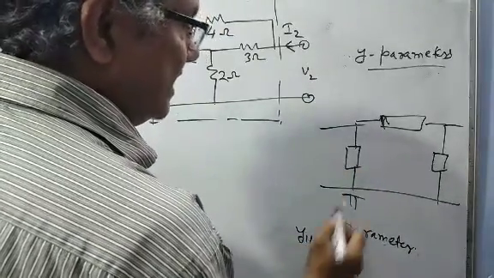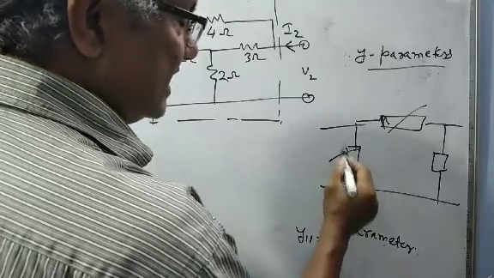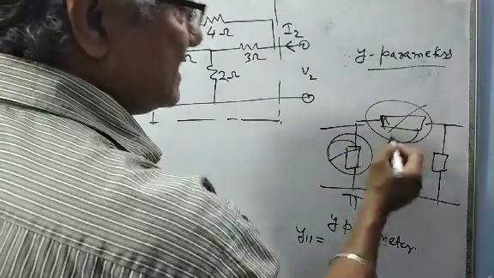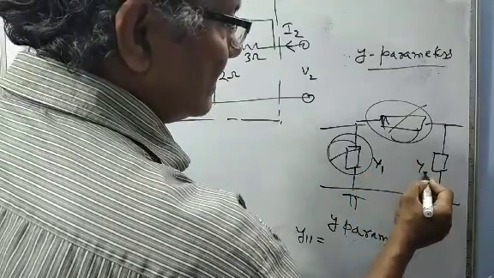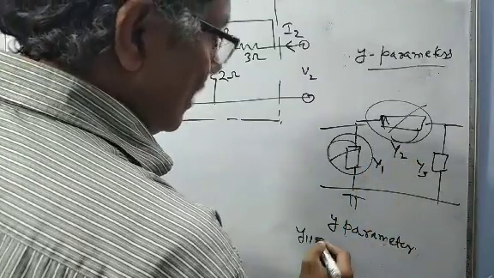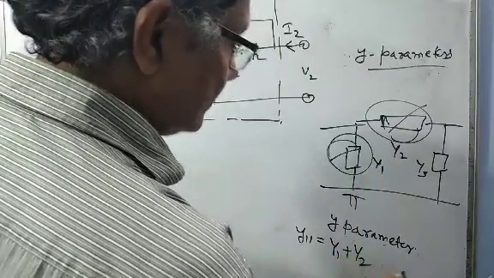Y11 will be this mho plus this mho, this admittance plus this admittance. Let them be Y1, Y3 and Y2. So Y11 will be the addition of Y1 plus Y2.